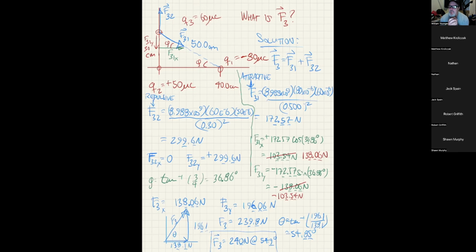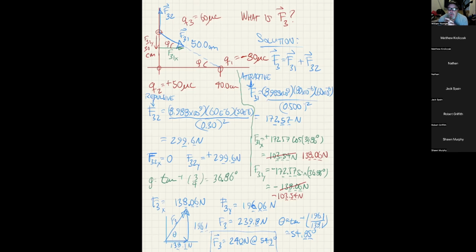Now, your book offers a neat little follow-up problem to this. And I'm going to offer actually two of them. One, can you imagine somewhere you could put a positive charge, say Q, not Q1, Q2, or Q3, just a plain Q, such that the total force on charge 3 would then be 0?